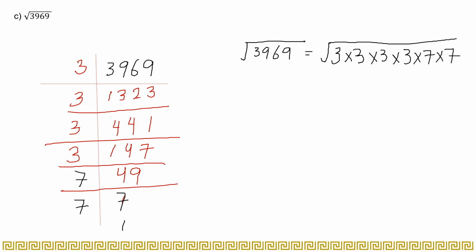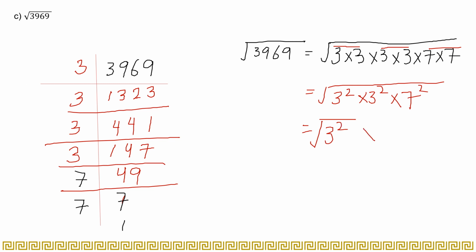In the next step, we pair the numbers like this, and then we write it in index notation: 3 square, 3 square, and 7 square. And then we write the root separately on every number: root of 3 square multiplied by root of 3 square multiplied by root of 7 square. This root cancels with this square, and the same for the others.